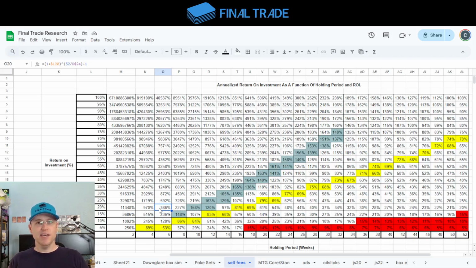So that's the base case. If I ever have a dollar in my hands as Final Trade, then I can choose to go buy $1 worth of product from him and sell it into the market, and I'll make about $1.12, $1.15 of revenue off of that. So 12 to 15% return on investment.